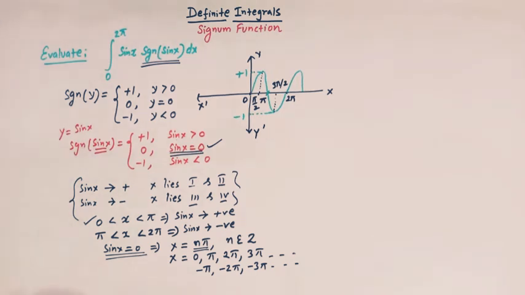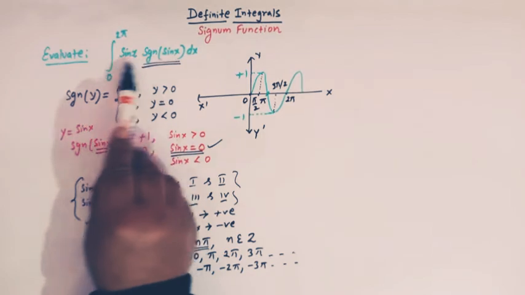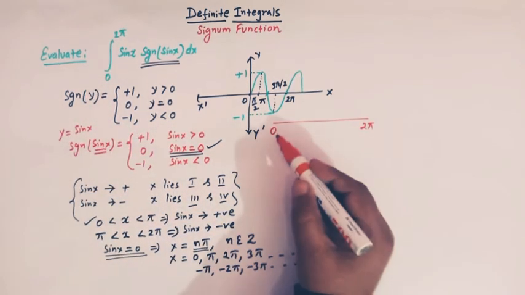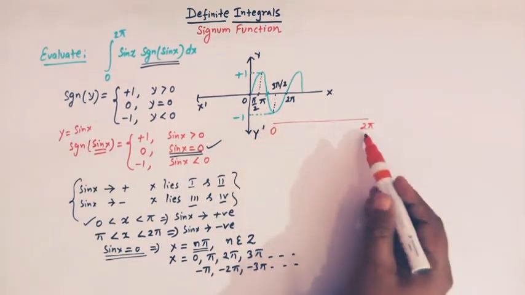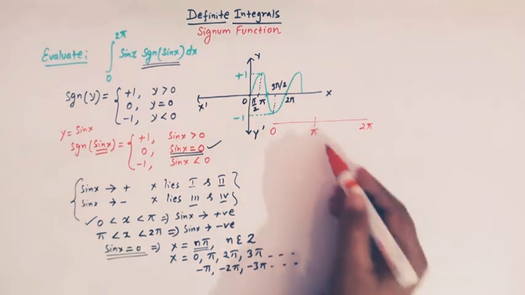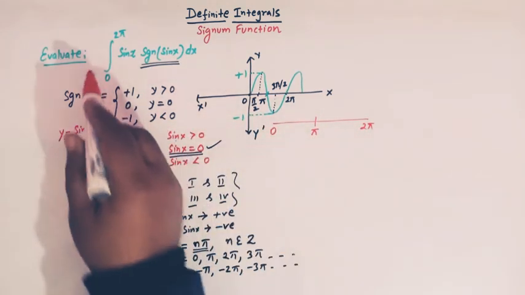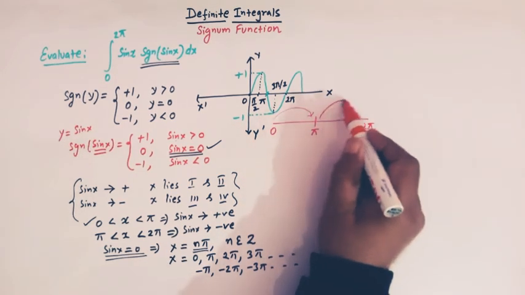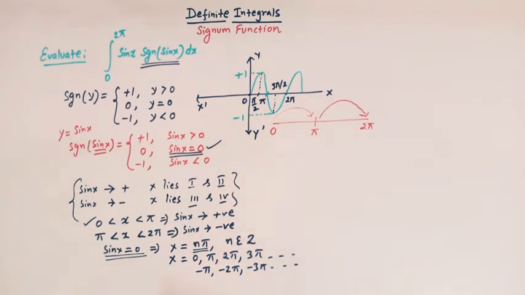Now let us split this integral as a sum of two integrals. We have to integrate from 0 to 2 pi, and here we have pi. So we can split this integral from 0 to pi and from pi to 2 pi.